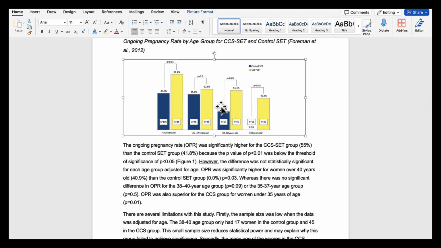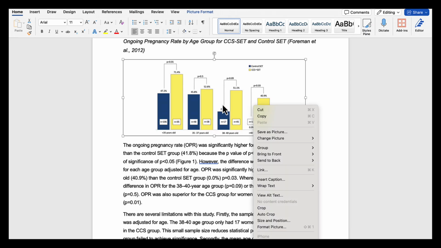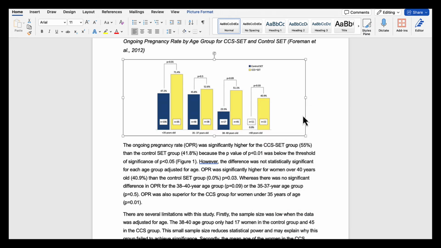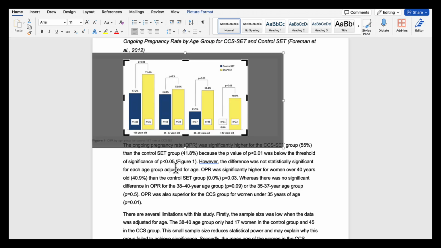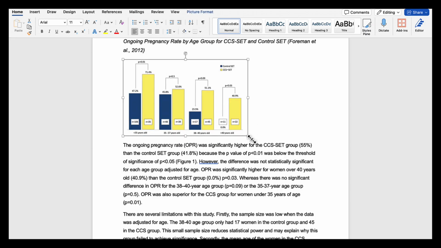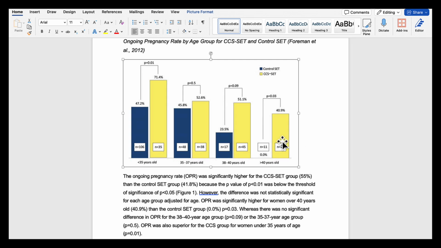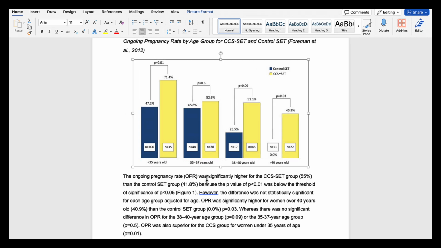Try and make the table or graph as big as you can. I probably could even make that bigger by cutting it in here, cutting in here. Okay, so make it as big as you can and center it. That looks better.